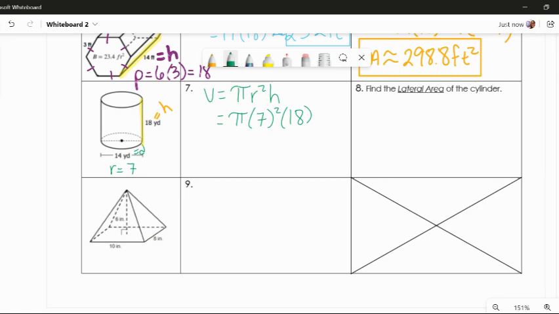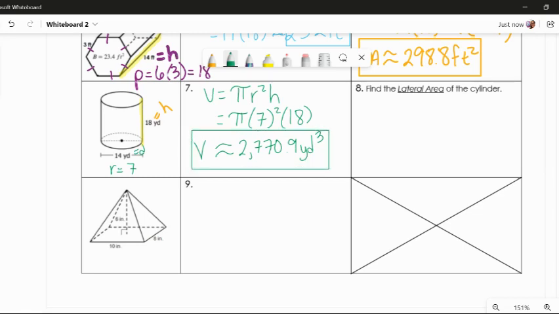Pi, open parentheses, 7, close parentheses, squared, open parentheses, 18, close parentheses. And I get 2,770.9, and this is yards, and because this is volume, those are cubic yards.